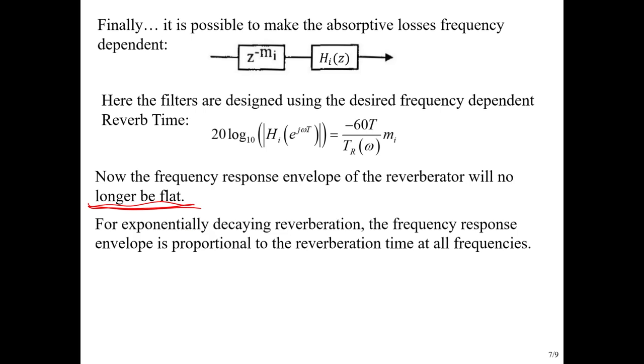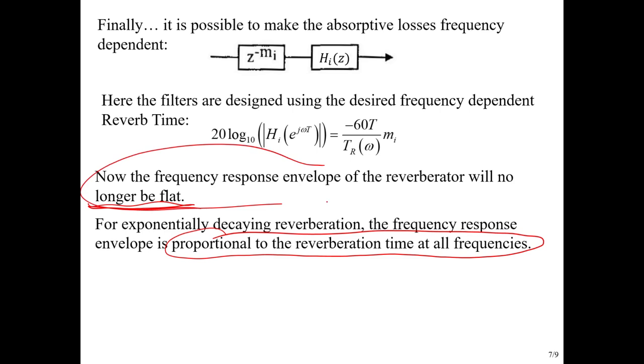So now we need to adjust that. It turns out that the frequency response envelope is proportional to the reverberation time. So we know that it's no longer flat, but we also know exactly how not flat it is. And so now we can fix it.